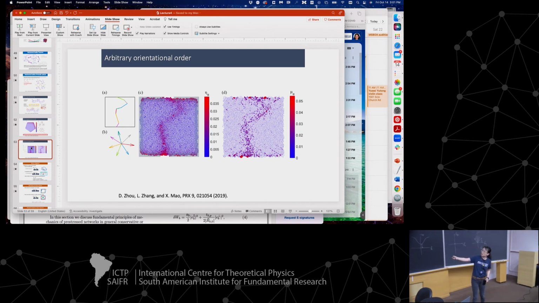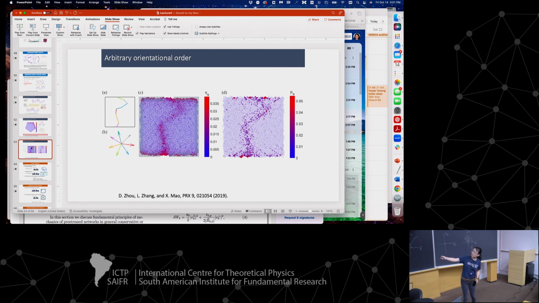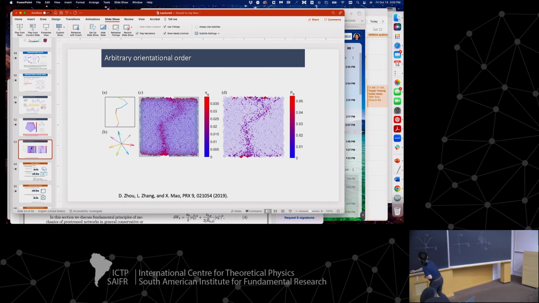Right, there are two steps. The first step is this figure here. You first randomly draw a path, and then you take these sections of the path and generate the so-called star vector. You put all of these directions together and you get this star. Then you use the star to generate a fiber network.